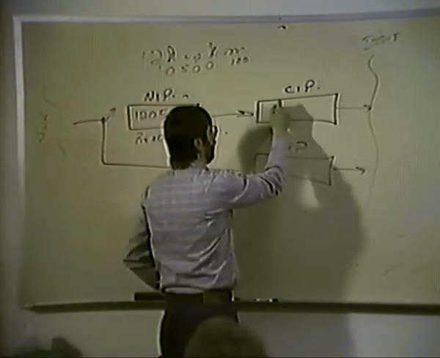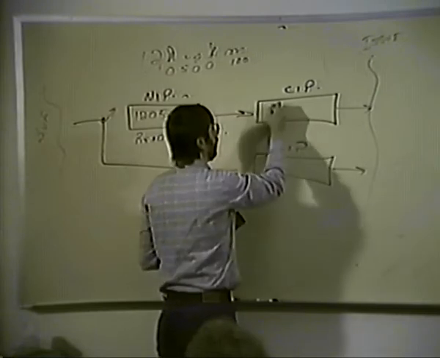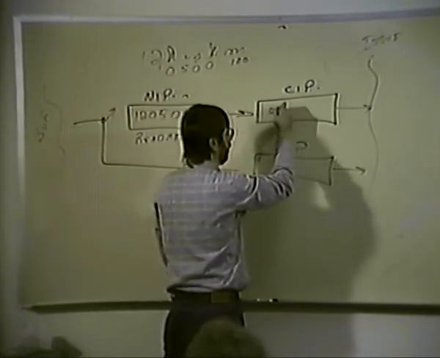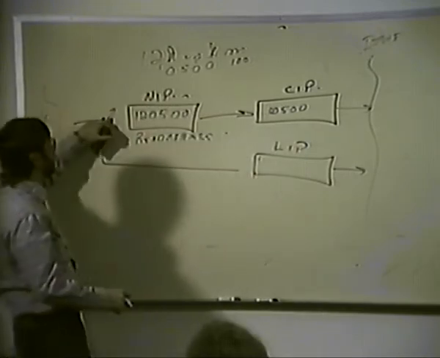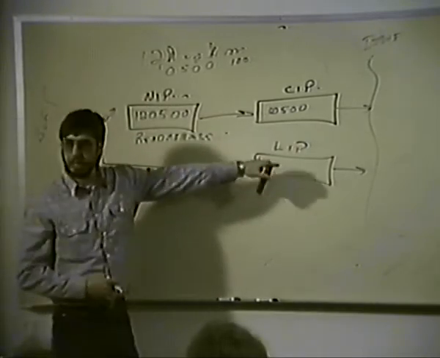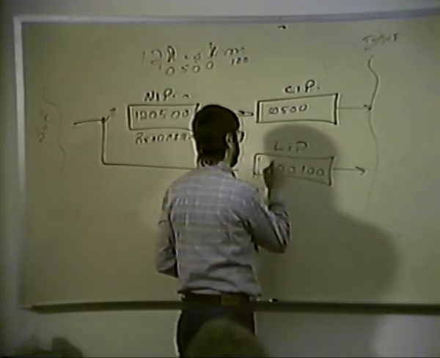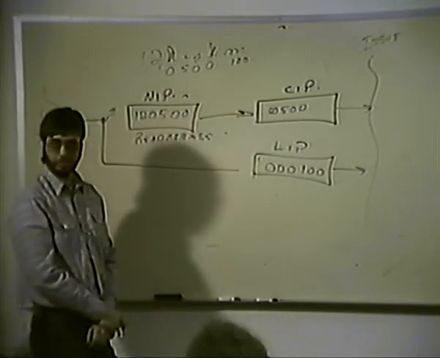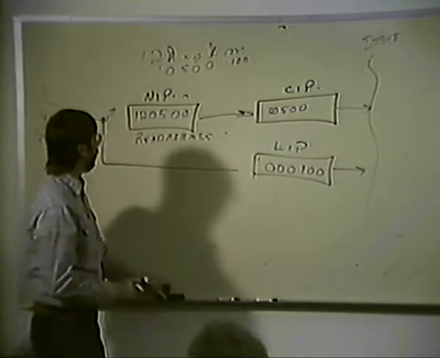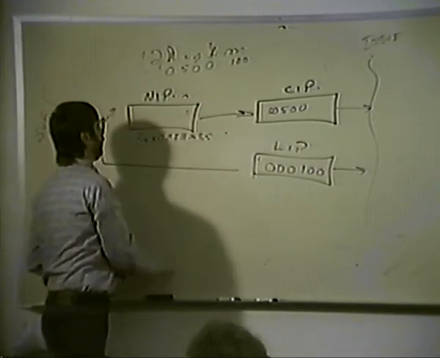So let's do it. 120,500. At the same time, down into LIP is going to be our 100, and some leading zeros. What's in NIP then? That's right. Nothing.